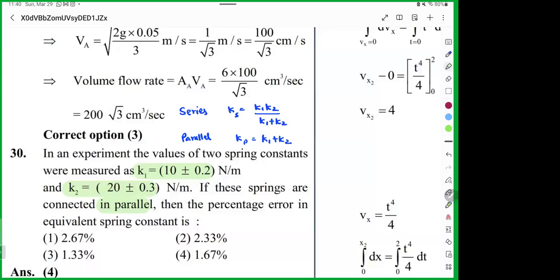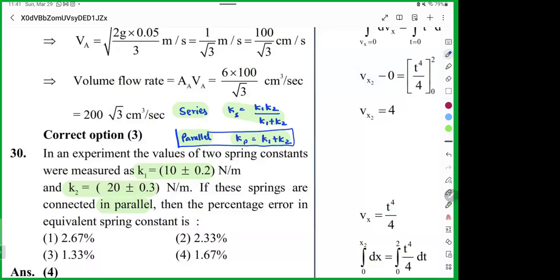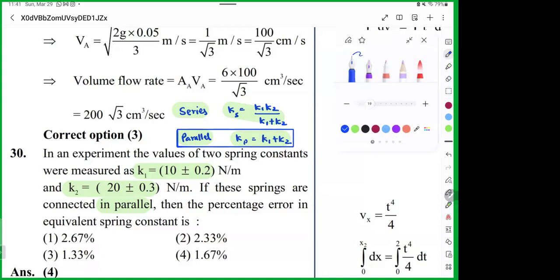So first you calculate the series combination and the parallel combination of the springs. Correct? You have to calculate the percentage error of the final value. So if you calculate percentage error, I will explain the error concept, because error was not taught yet. In case of parallel combination given here, whatever value you give, you have to calculate the percentage error.